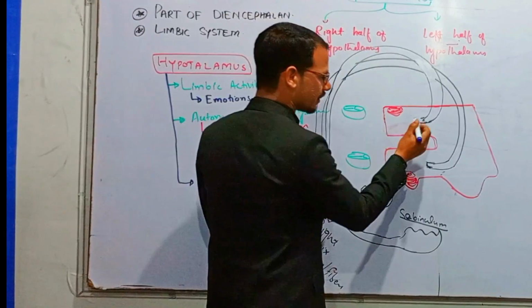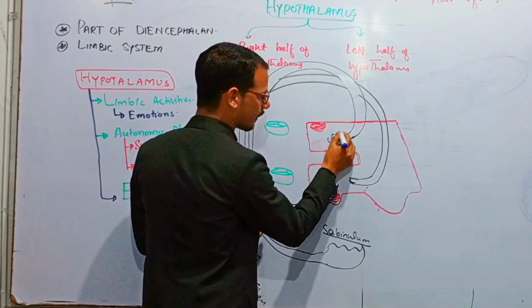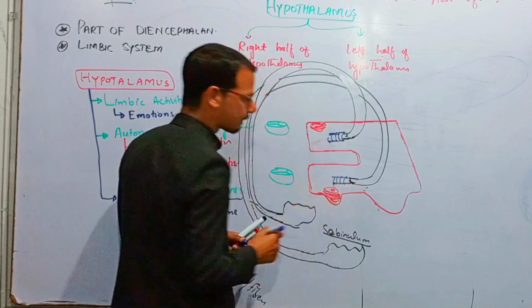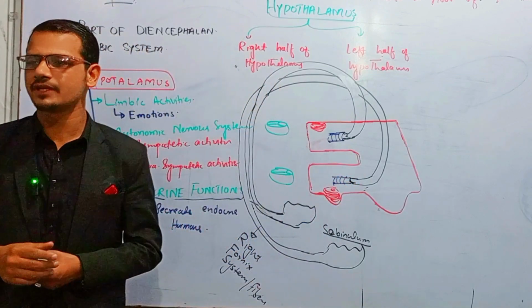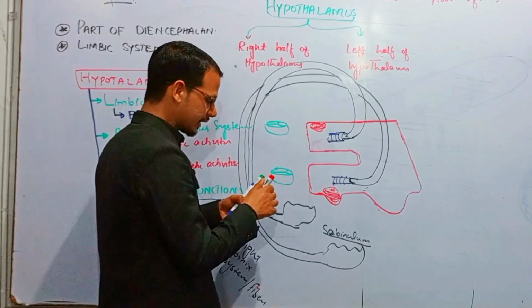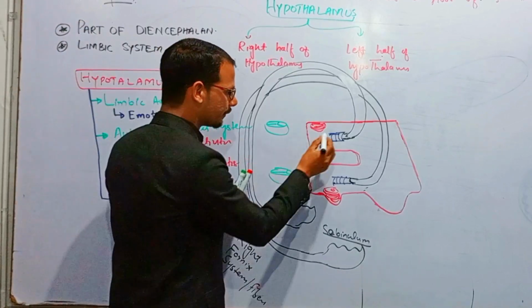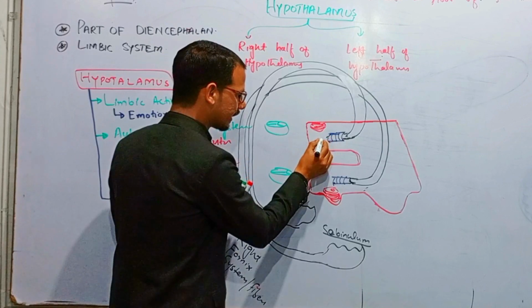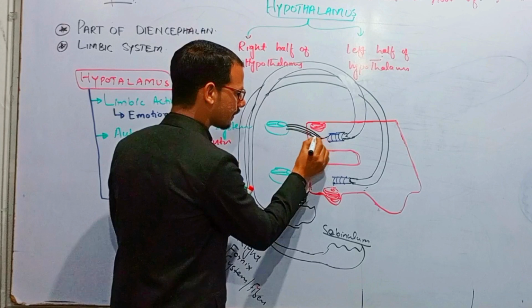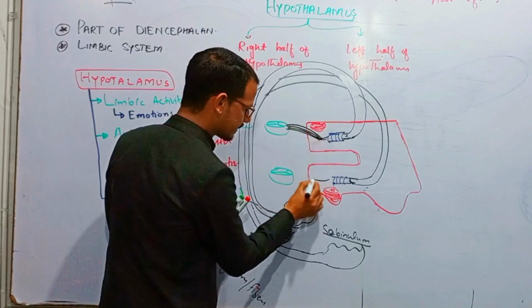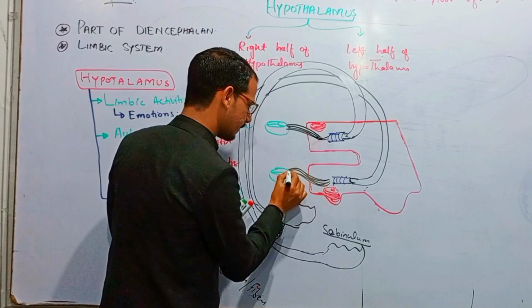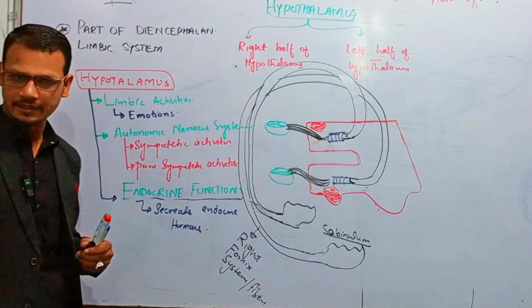Here the substance of the thalamus, these are fibers, actually these are neurons, and from here it will get connected into this thalamus, right?